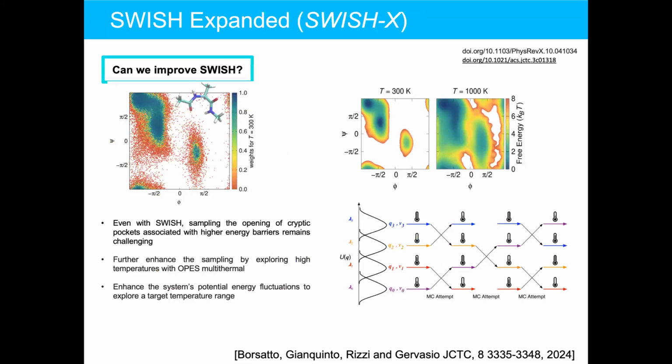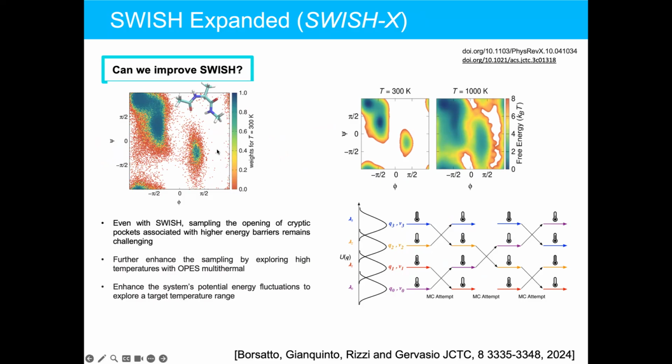A possibility: SWISH is a Hamiltonian replica exchange-based method where we have different replicas, and these different replicas differ by the way water interacts with hydrophobic residues. So can we also add multiple replicas in temperature? And why do we want to do this?